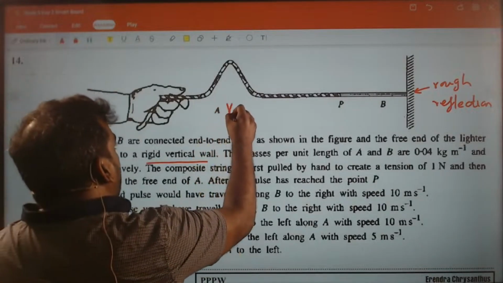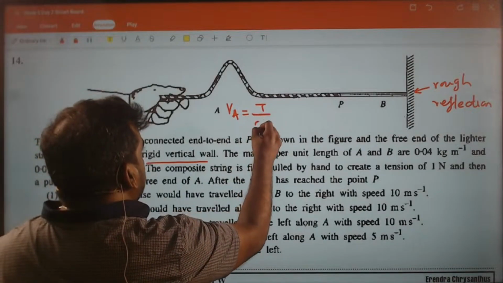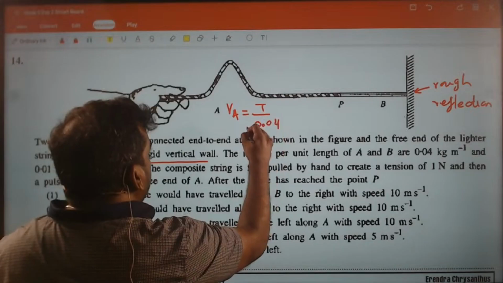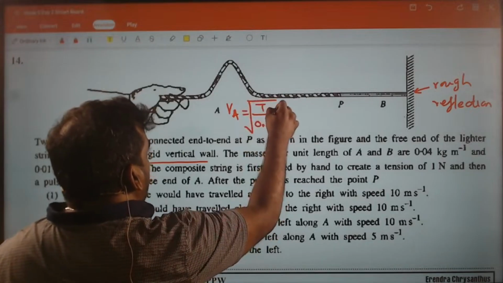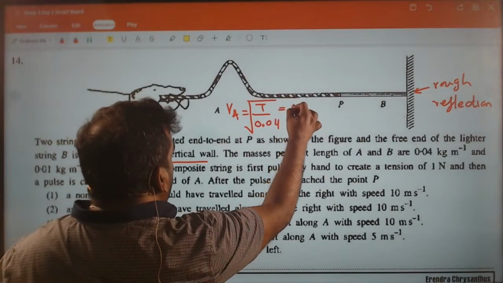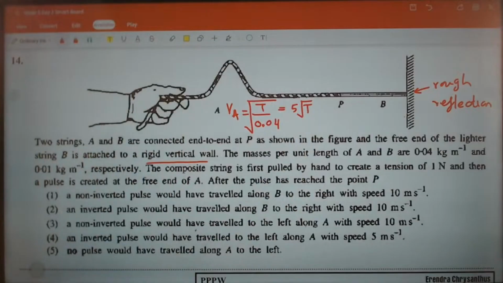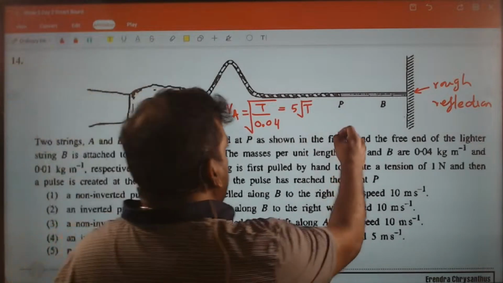So velocity of A is equal to square root of T over μ. Tension is the same, mass per length 0.04. So 100 divided by 4 is 25, and the square root of 25 is 5, so 5 root T. Velocity at A is 5 root T. What about the velocity at B?